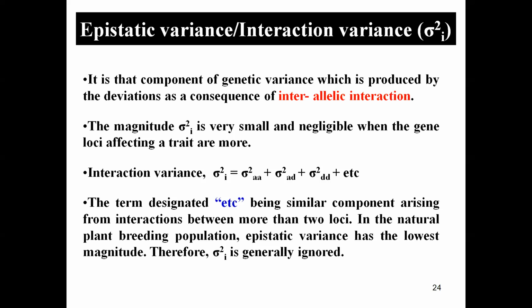For 2 loci, there may be slight interaction, but suppose there are 10 loci, interaction would be there, but the magnitude will be very small and negligible. Interaction variance may also be divided into additive by additive, additive by dominance and dominance by dominance. If more than 2 loci, there may be several other components.